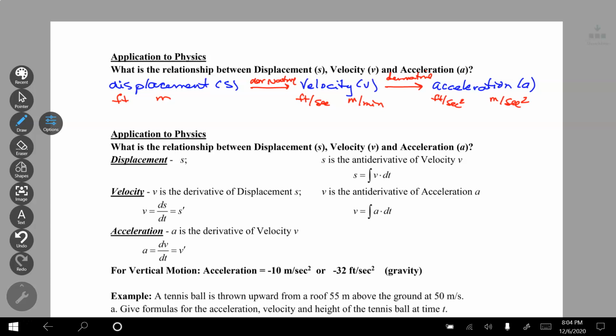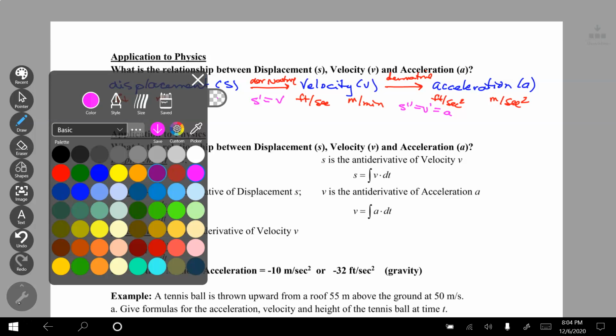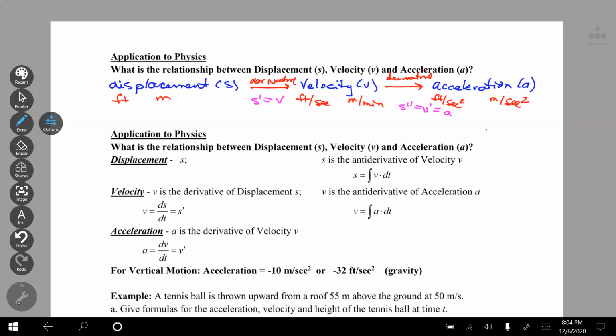So when I look at this, I'm going to use pink. I have s, its derivative, s prime is equal to my velocity, and I take another derivative, or s double prime is equal to v prime is equal to acceleration. So let's think about what we could do thinking in reverse. I'll use green. If I have acceleration, if I go in reverse, I'm taking the antiderivative. Well, guess what?